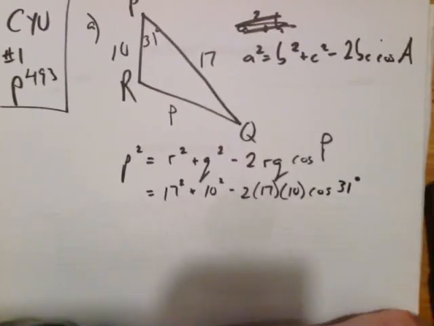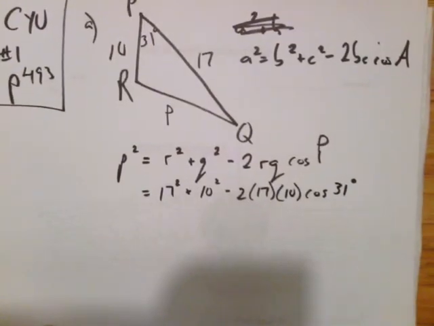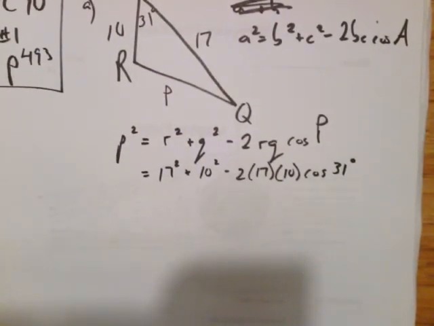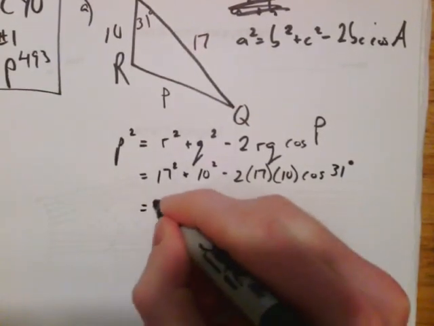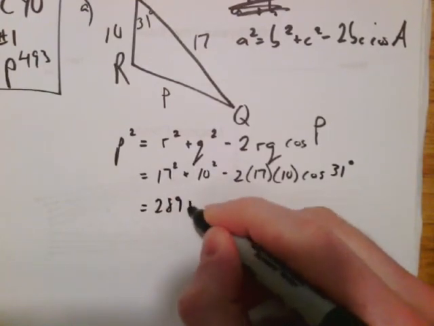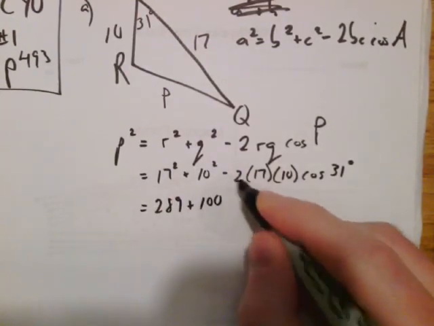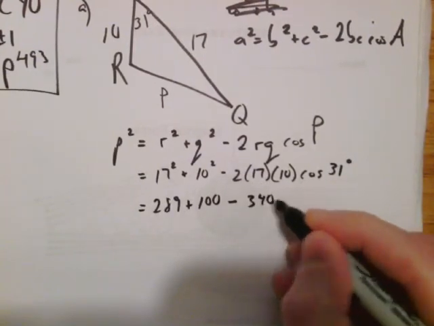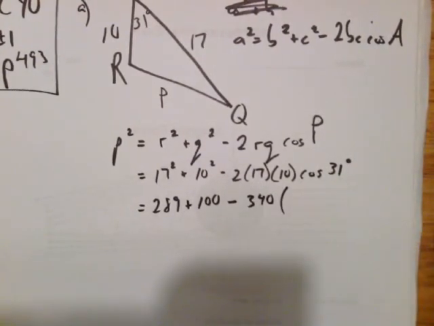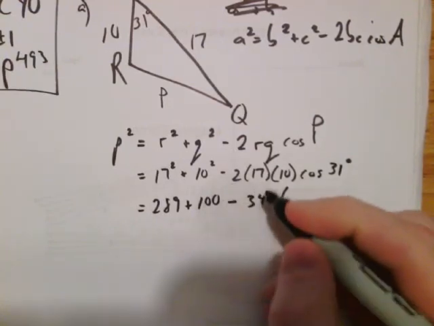This is what I like to refer to as plug and play. All you do is you throw the numbers into the equation. That's the hardest part of it. 17 squared is 289. 10 squared is 100. Minus 2 times 17 is 34, times 10 is 340, times the cos of 31. Cos of 31 is 0.8572.